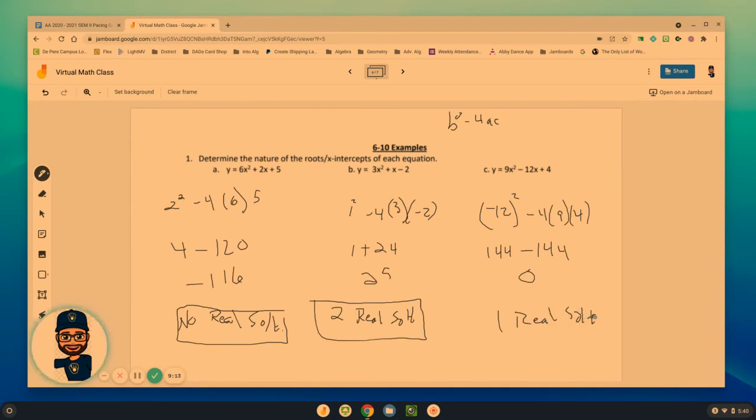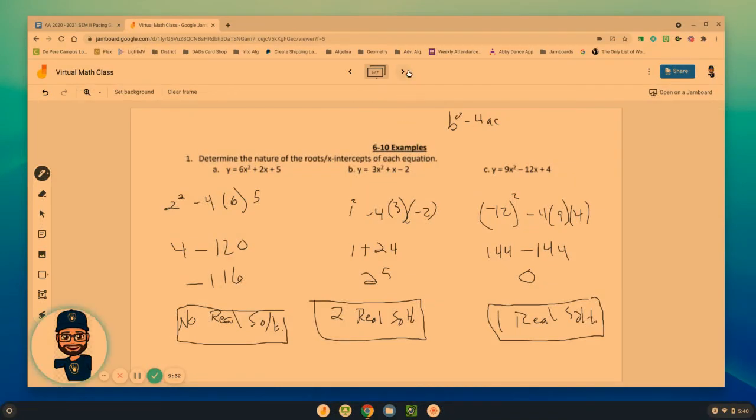And so that discriminant, that b squared minus 4ac part, does indeed tell us the nature of our roots or our x-intercepts, if we'll have any, or if we'll have 2 or 1, or none at all.